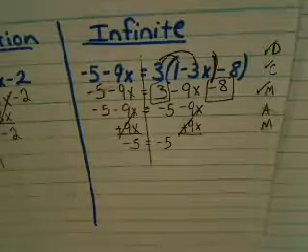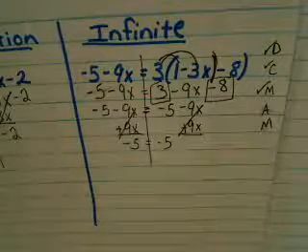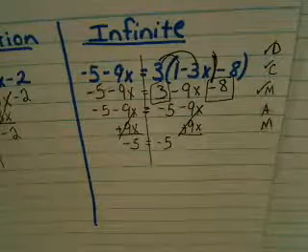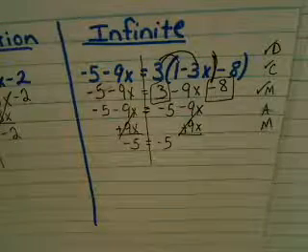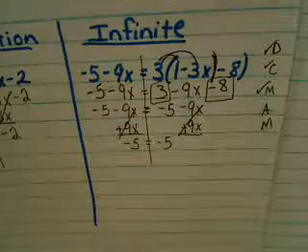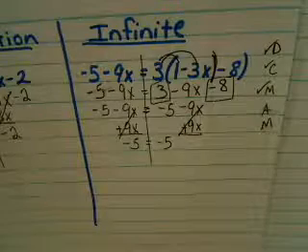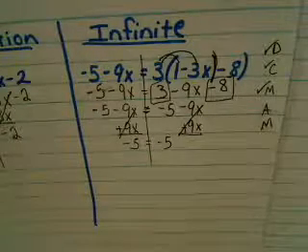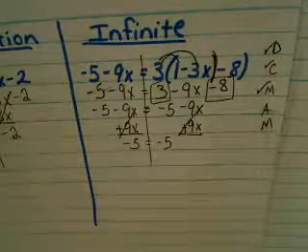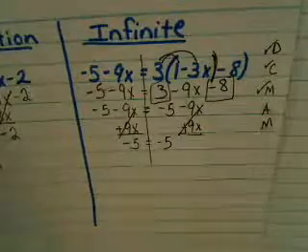Then your answer to that one is going to be infinite. If you will now please work on the 4 problems at the bottom, and you will find that they're either infinite, no solution, or possibly it is going to have a solution.